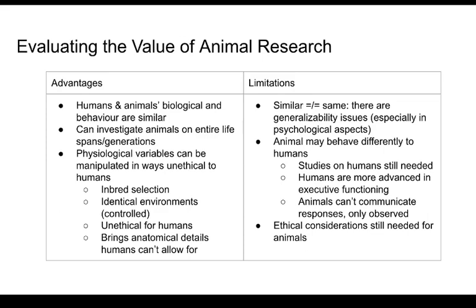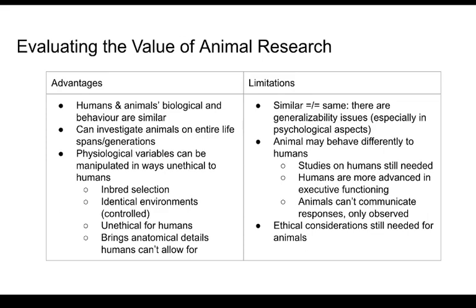This is considered executive functioning, and most animals can't do something like this. Furthermore, animals can't communicate responses to us humans, so we can only observe them. So the observation in animals and humans is also limited in different ways.